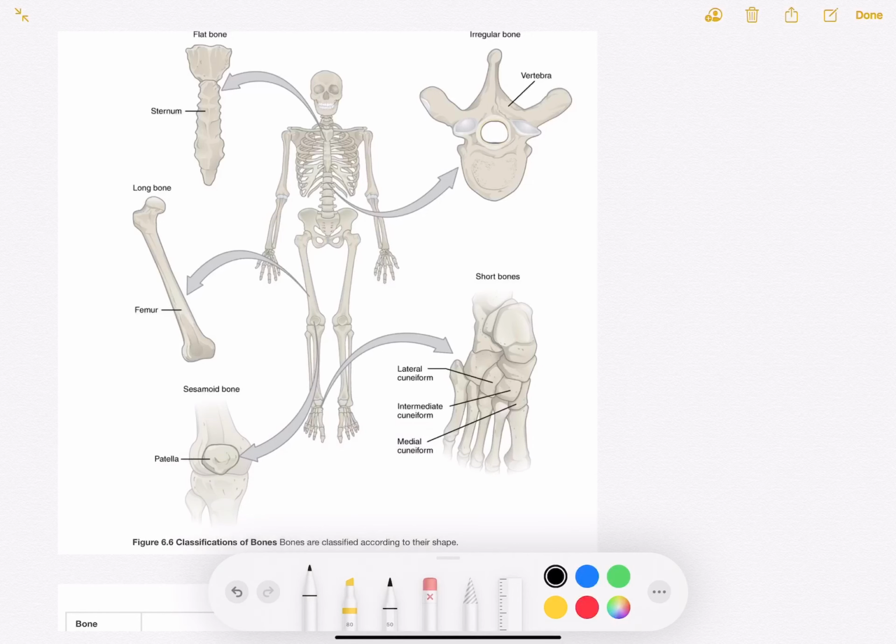The bones right below those short bones are longer, and that would be considered the long bones, the metatarsals.